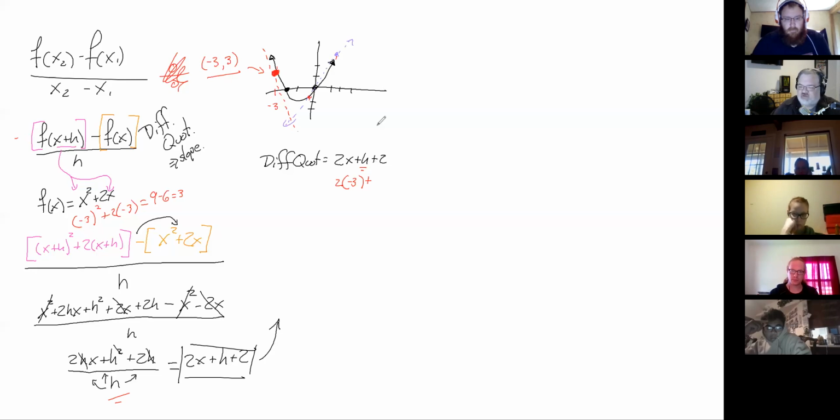Yeah, it would be 0. So negative 6 plus 2 is negative 4. The slope of this line tangent to that curve is negative 4.